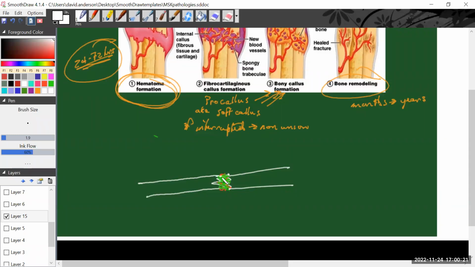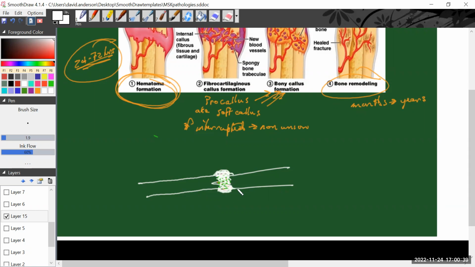Then osteoblasts are activated and drawn to the area, and they start the process of laying down new bone, osteoid attracting minerals. We start to take a soft callus and create a hard one, a bony callus.